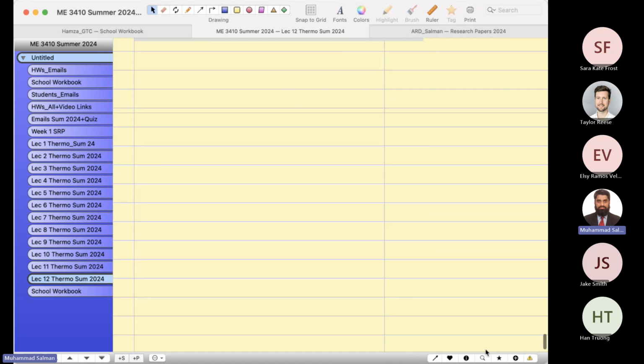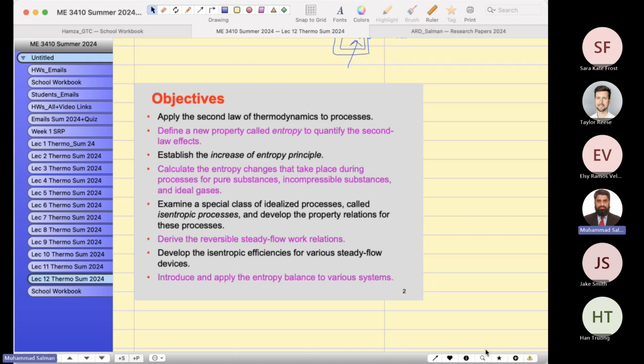So let me show you slide by slide. It looks a little bit difficult, but I tell you, this is not a difficult chapter. When you understand the basic concept, then the chapter is easy. Okay, you will learn about the second law.